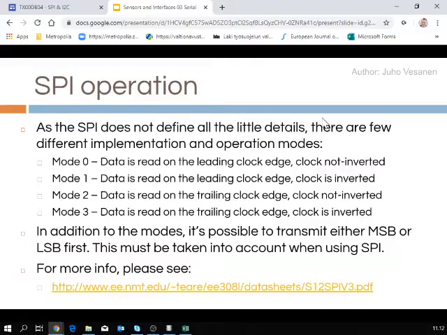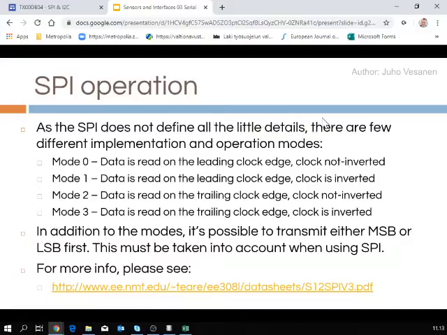Mode 0 reads the data on the leading clock edge, clock not inverted, or data is read on the leading clock edge but clock is inverted. And then of course trailing clock not inverted, trailing clock inverted. Depends totally on the device.